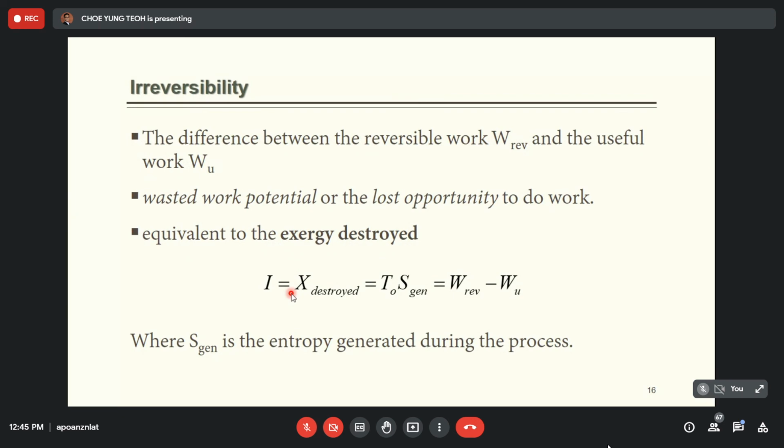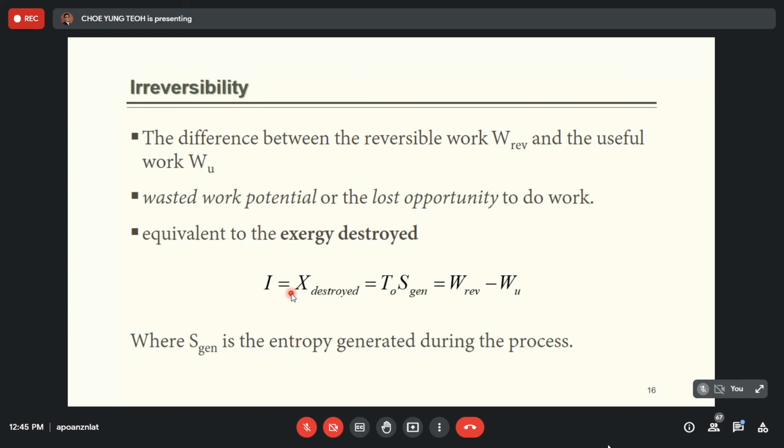Then we talk about the important thing called irreversibility. Just now I talked about the reversible work, which is work that can be reversed back to the original condition. Of course, this is just the ideal case. In most actual situations, they have this irreversibility. Some part of the system, some part of the process, is not able to reverse.